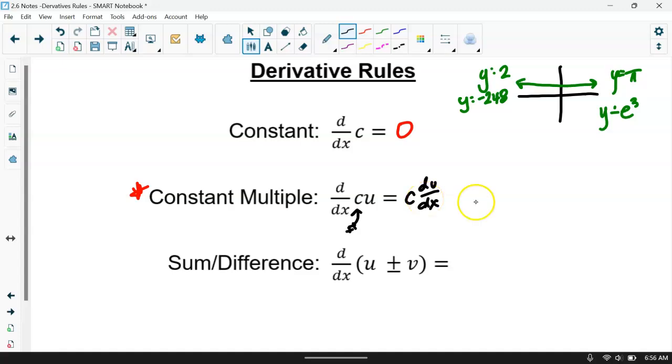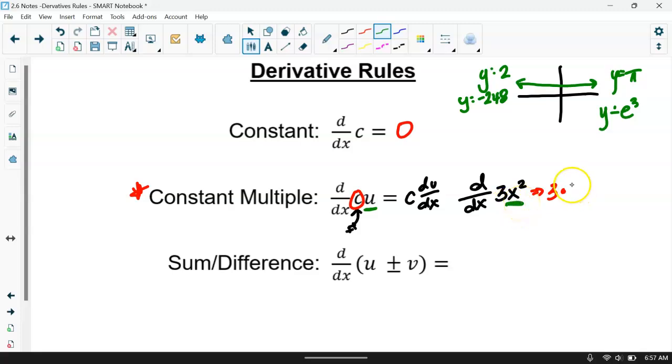And so we actually already did this. Let's say, for example, I want to find the derivative of 3x squared. That means 3 is our c. This is 3 times the derivative of the function, which is x squared.